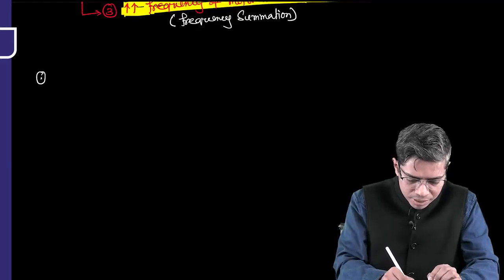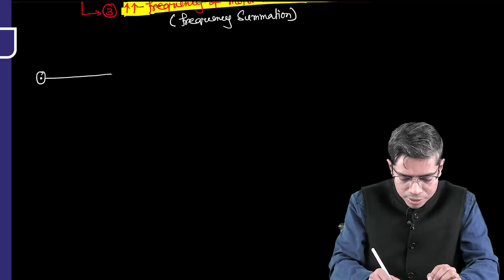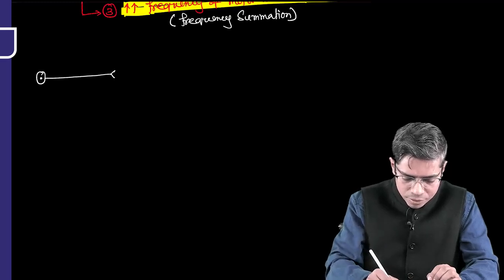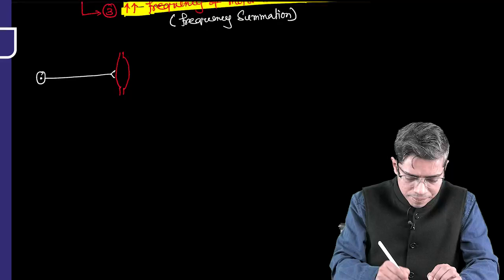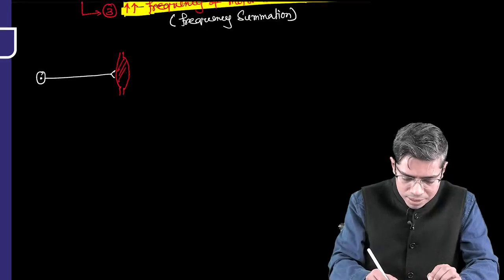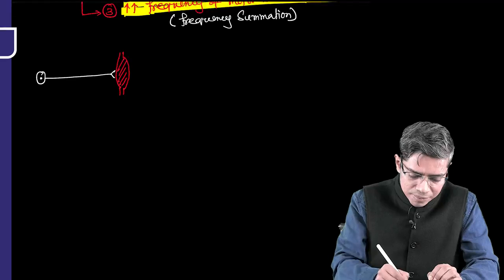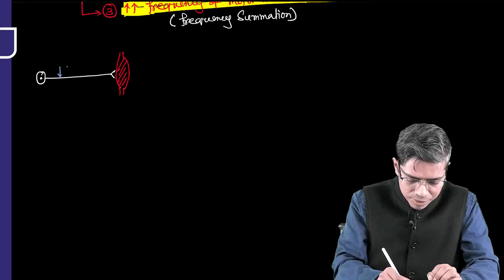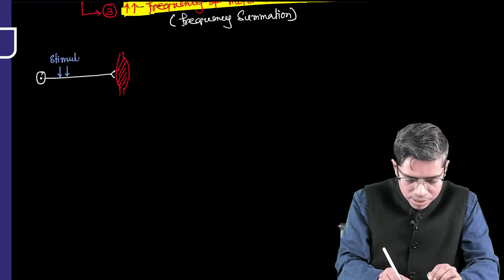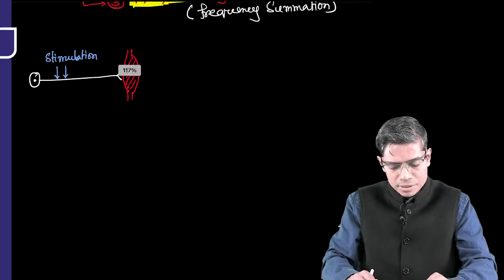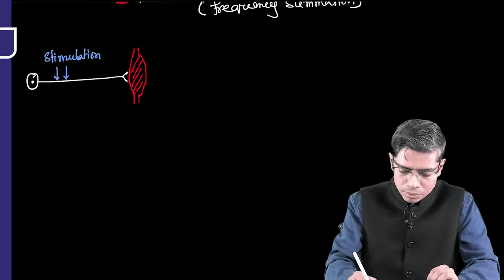Suppose this is one nerve, which is supplying one skeletal muscle. So this is your skeletal muscle. I am stimulating this nerve, or neuron. So this is the point of stimulation. Whenever I stimulate this neuron or nerve, what is going to happen?